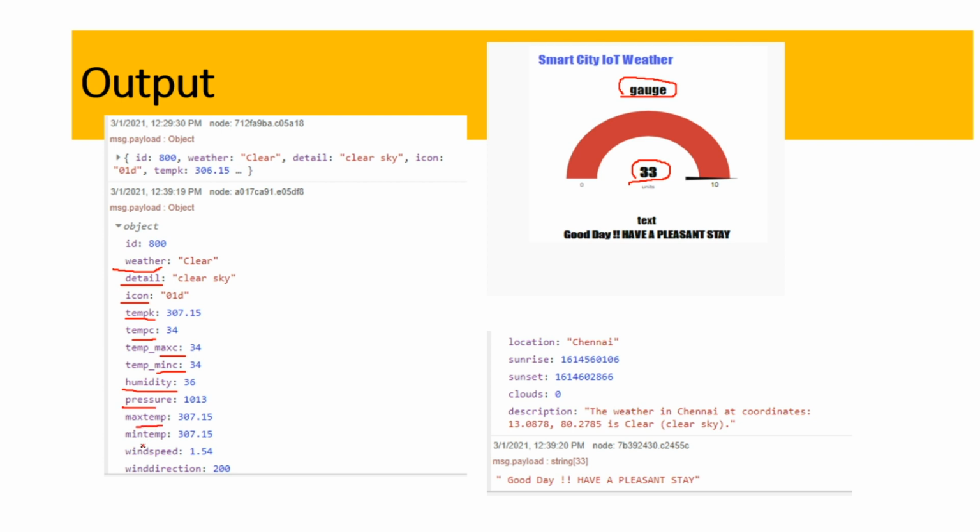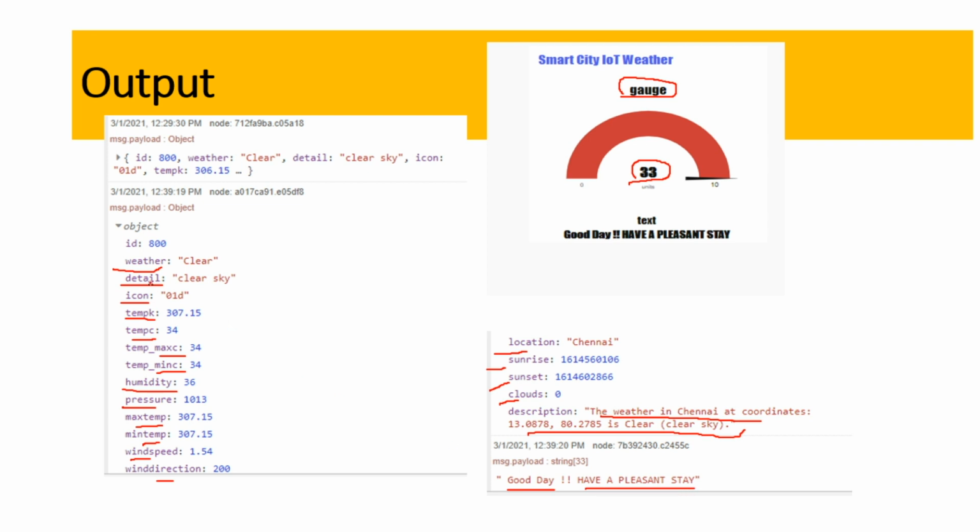This is in Celsius, and this is your Kelvin, and the wind speed, the wind direction, location, the sunrise altitude and the sunset altitude, the clouds in degree percentage, and the description, the weather in Chennai at coordinates. So these are the various values that are going to be displayed in the debug monitor. So now this has been displayed: good day, have a pleasant stay.